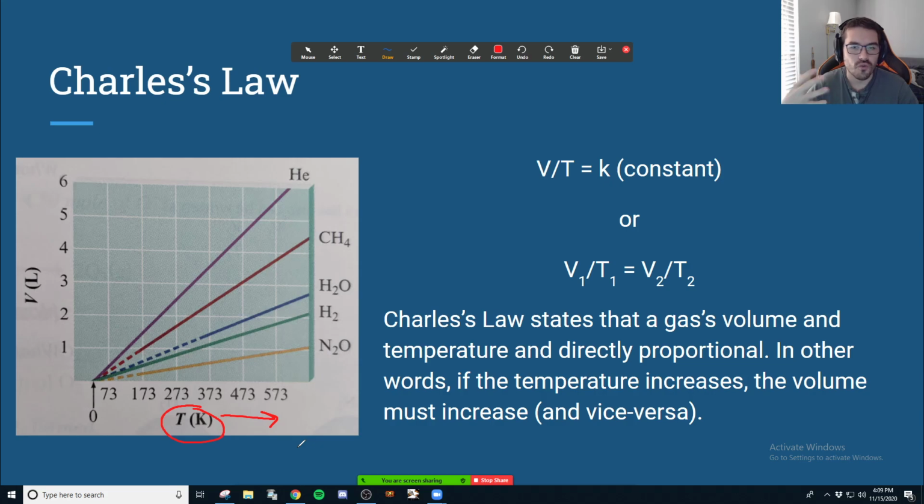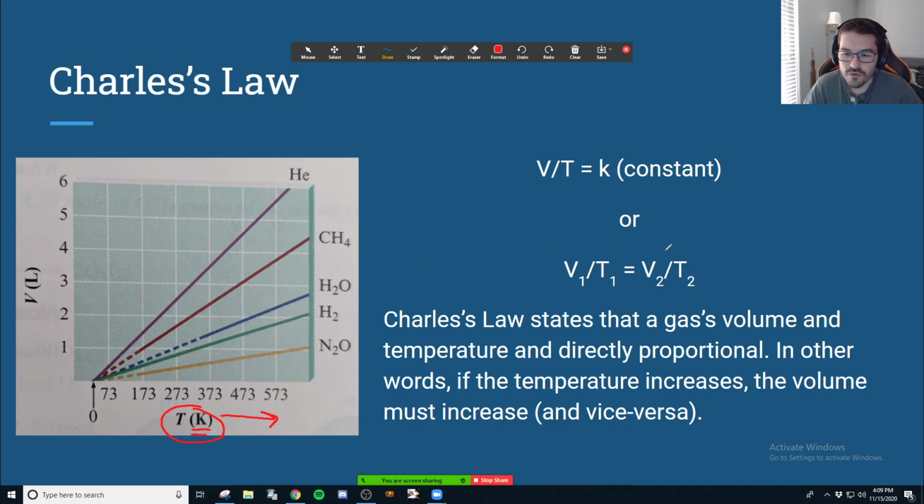If the temperature doubles, for example, then the volume is going to have to double. Now it does depend on how you're measuring your temperature. We're going to be talking a little bit more about units of temperature in the problem solving video and in class, but that does generally hold true.